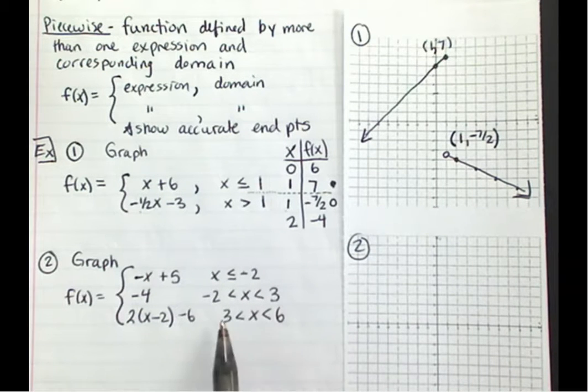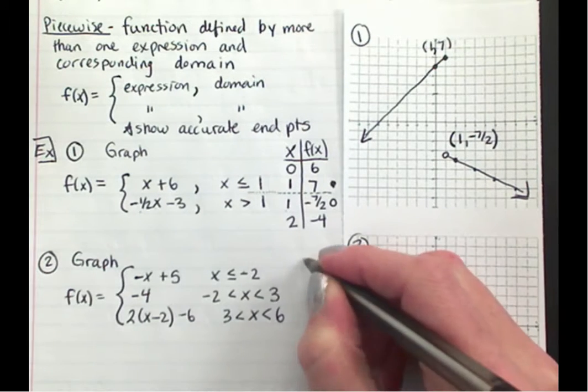Every one of these x values is going to give you an endpoint that you have to have plotted accurately. So I'm just going to make my little table.